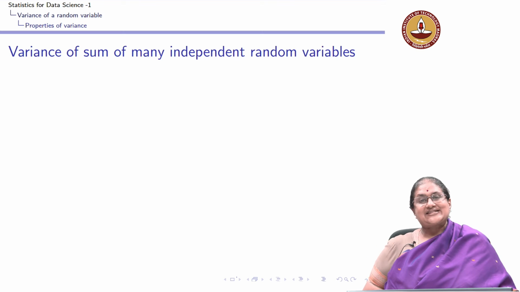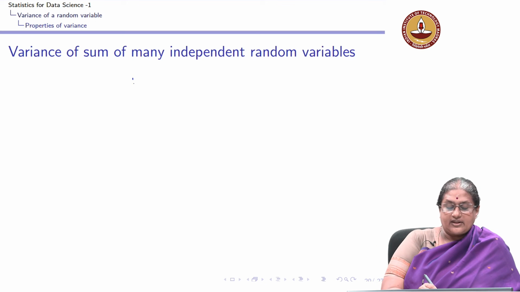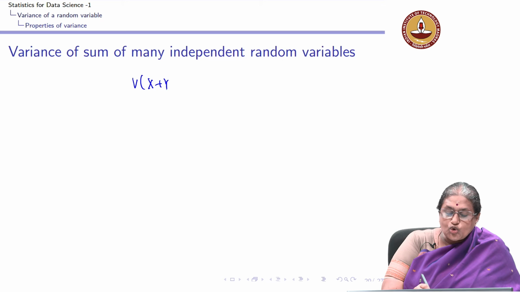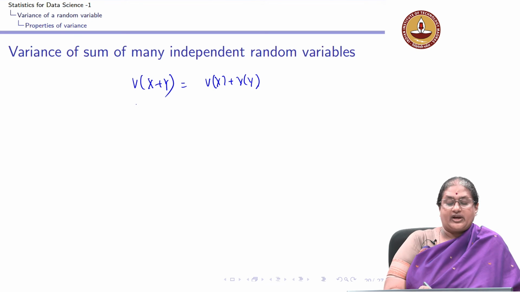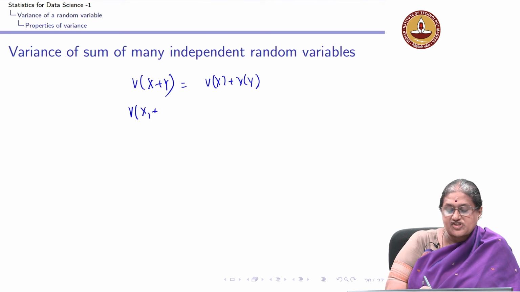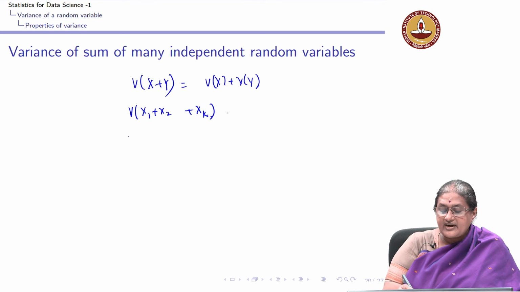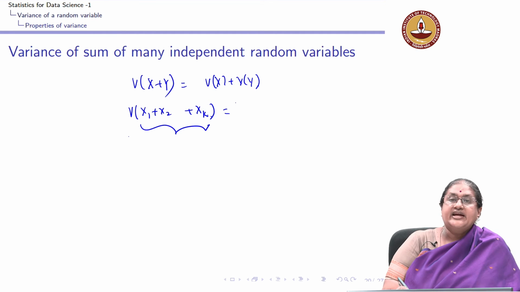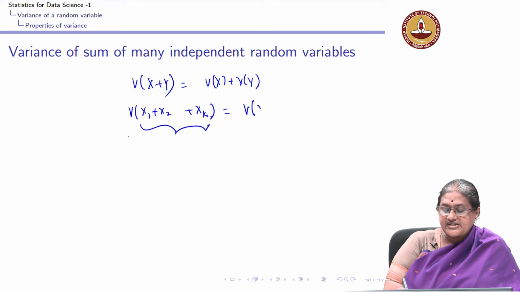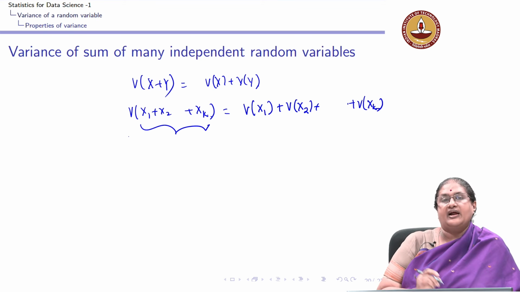Now, I can extend this property, that the variance of the sum of two independent random variables is the sum of the variances, to many independent variables. In particular, if I have x1, x2, ..., xk, which are k independent random variables, the variance of the sum of these k independent random variables is the sum of the variances of the k independent random variables.